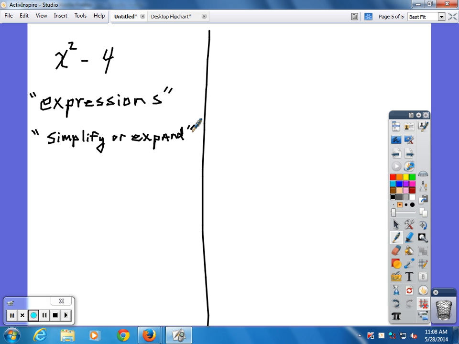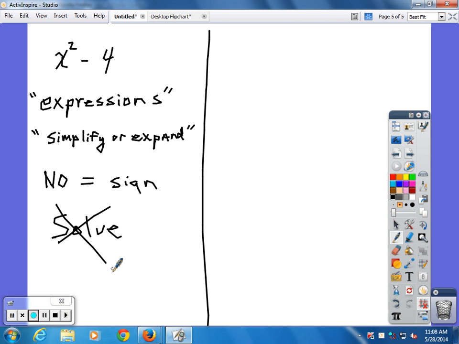And what is there not? There is no equal sign. So there is no solving. You cannot solve an expression. The only thing you can do to an expression is simplify or expand it, factor it or multiply.